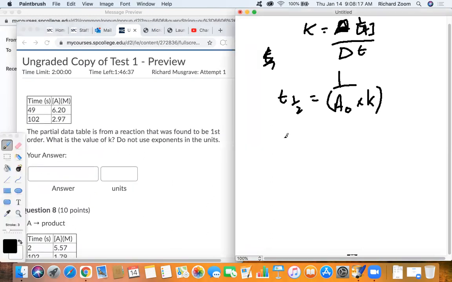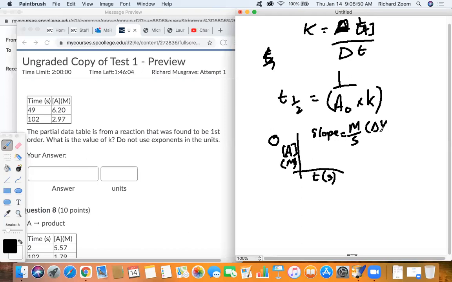So for zero order, A is in molar and time is in seconds. So the unit on the slope will be change in Y over change in X, which is going to be molar per second.